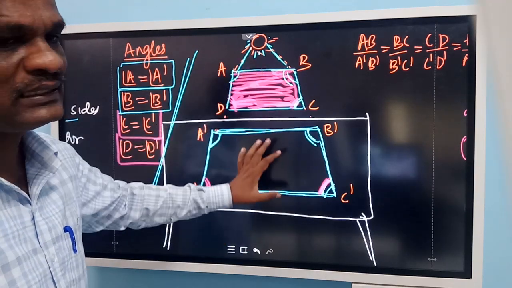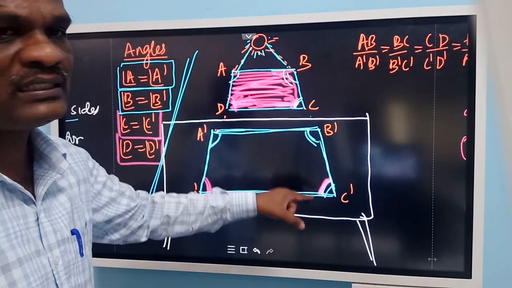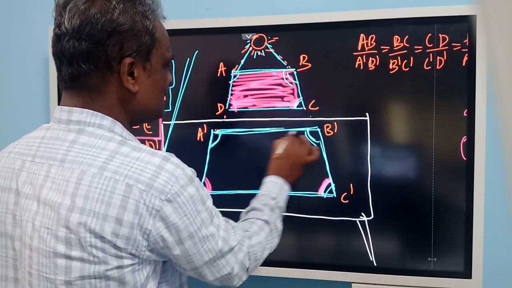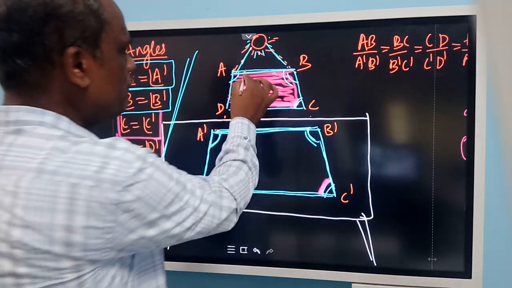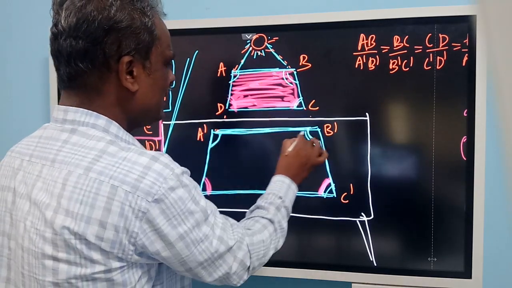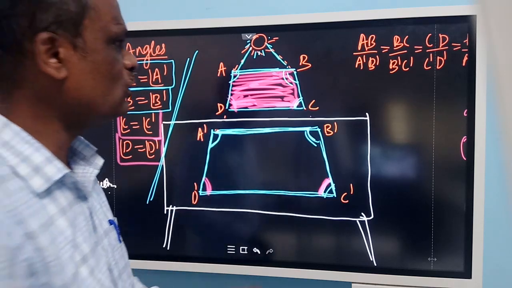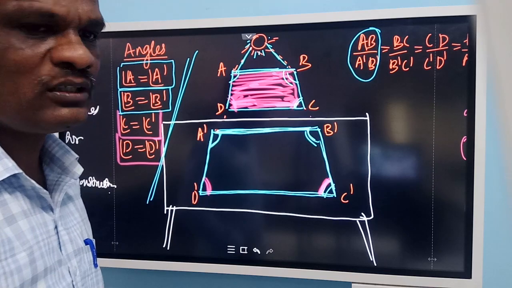But look at the sides, the corresponding sides, there is an increase in the length. The length AB will not be the same as A dash B dash. Length is increased here. So AB length and A dash B dash length, they are different. But when you take the ratio AB by A dash B dash, what answer are you getting?